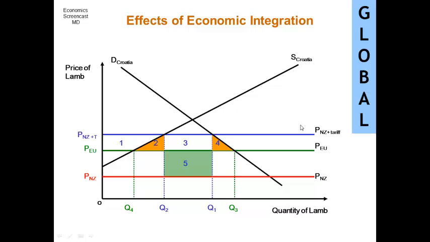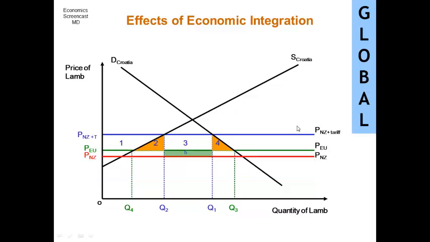But if the costs of production in New Zealand are actually quite similar to the EU but still slightly lower, trade will be diverted to EU producers when there's a common external tariff applied to New Zealand producers but removed from EU producers.